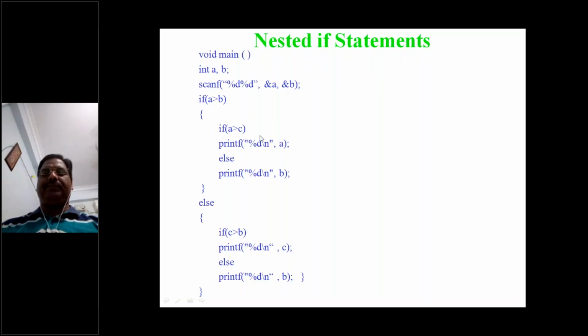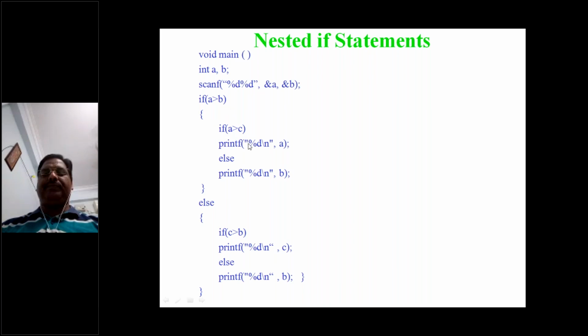Let us see a simple example. Here is void main, int a, b, c. With scanf, I am taking the values a and b, and c. If a is greater than b, then, within that if, when this condition is true, I check if a is greater than c.